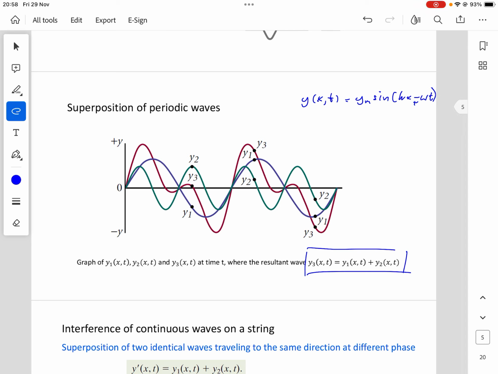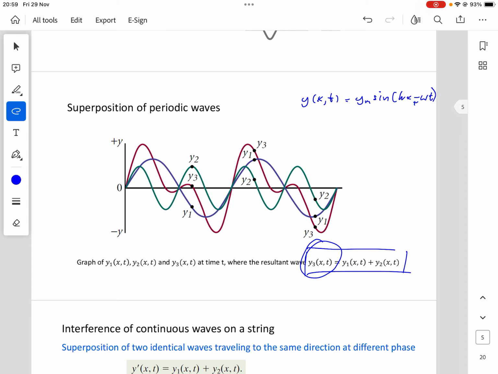You have wave 1 and wave 2, and the combination is the sum of wave 1 and wave 2. That is also true for waves like ripple waves, where you deal with a two-dimensional wave, or even other types of waves like sound waves, where you deal with the three-dimensional case.